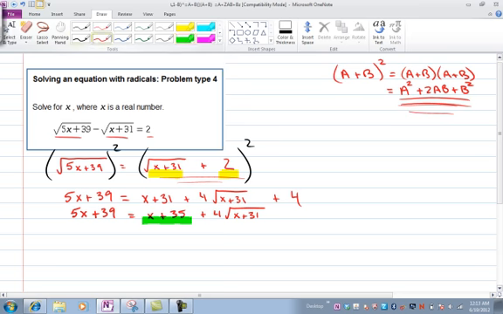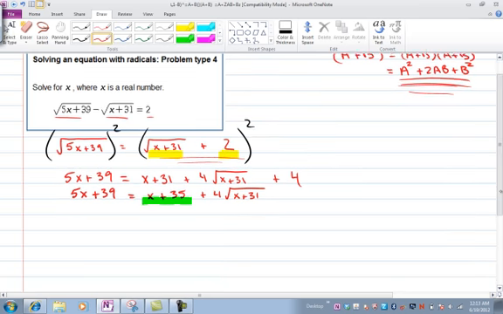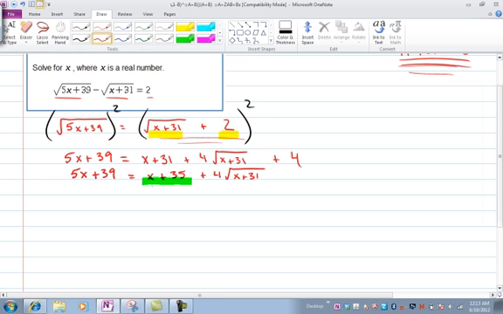So I'm going to trust we can do that without too much hassle. We're subtracting x from both sides and subtracting 35 from both sides. So that's going to give us 4x plus, that's 39 minus 35, so plus 4 equals 4 times the square root of x plus 31.